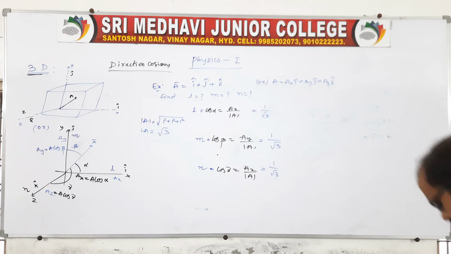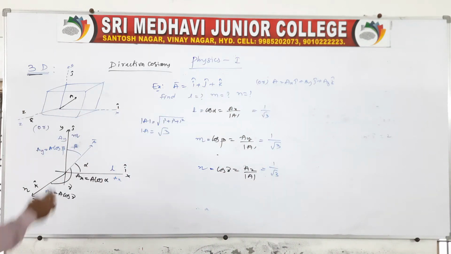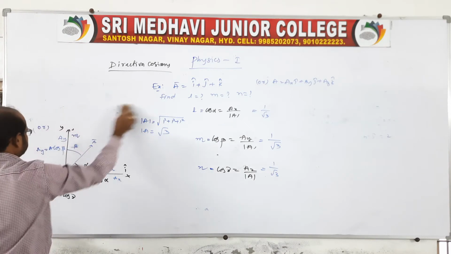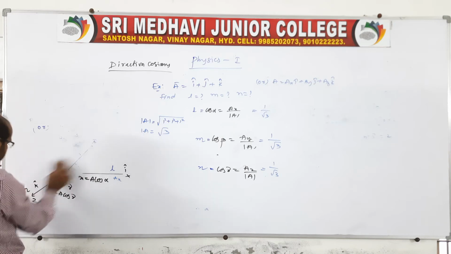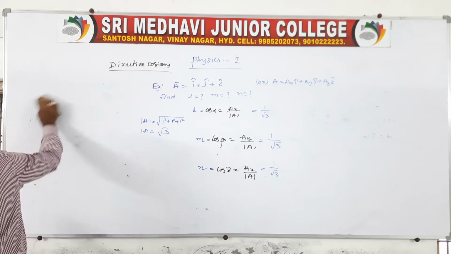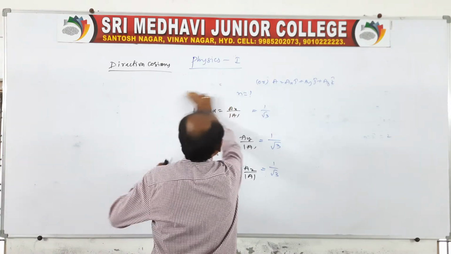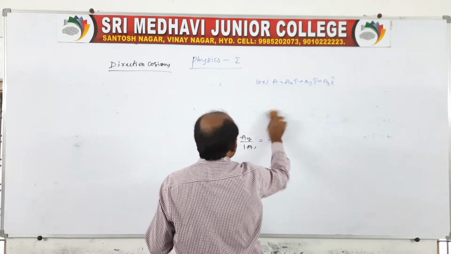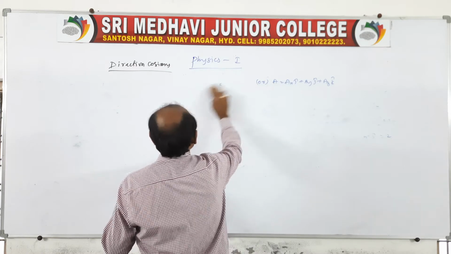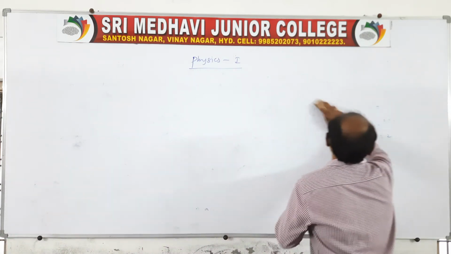Right? This is all related to direction cosines in a two-dimensional plane. So we'll move to the next topic. In this chapter on vectors, there is one very important question related to 4 marks in IPE, that is the parallelogram law of addition of vectors.